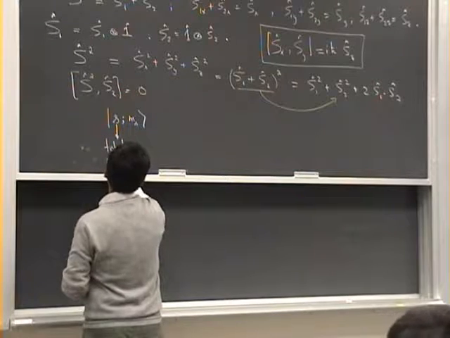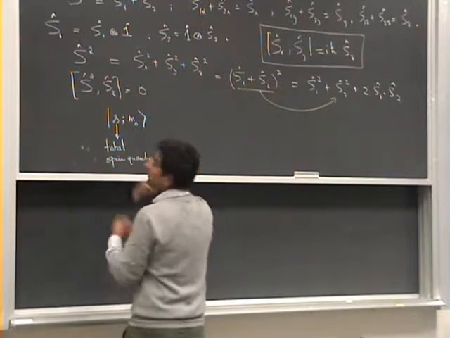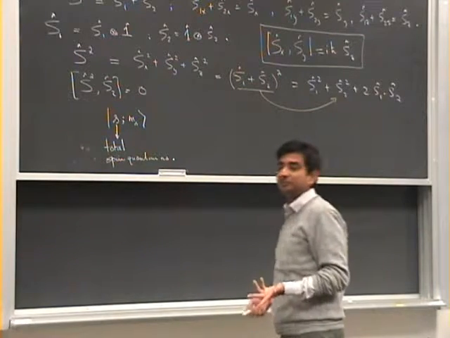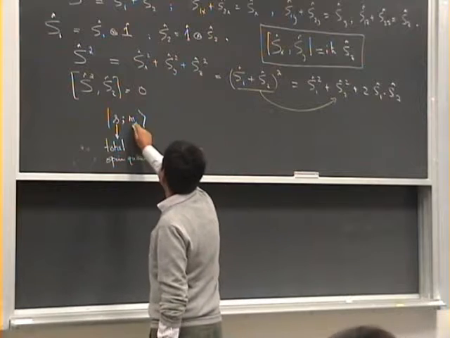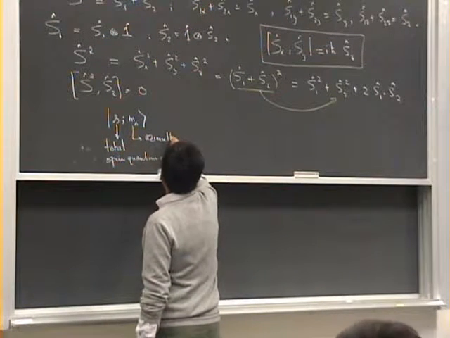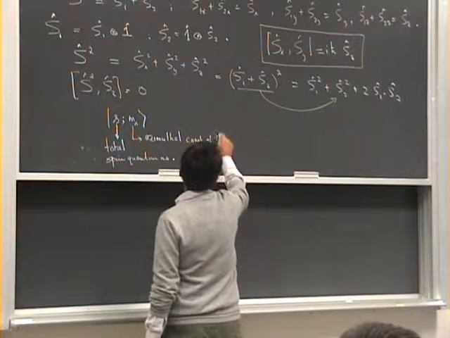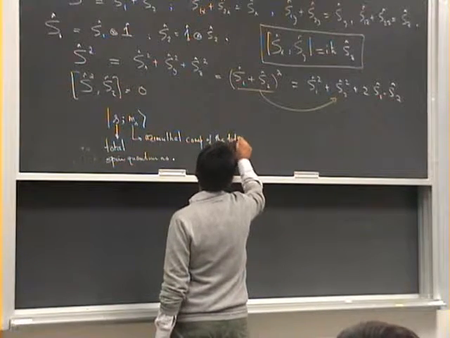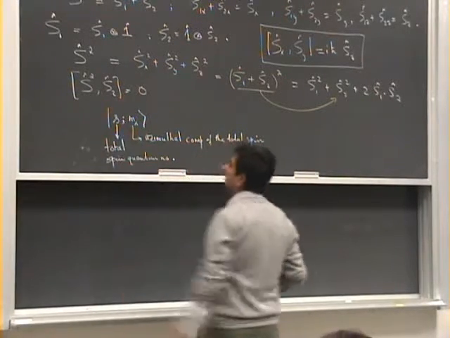As yet, you don't know what its value is. And this is the azimuthal component of the total spin. So these are the joint eigenstates of S square and SZ.